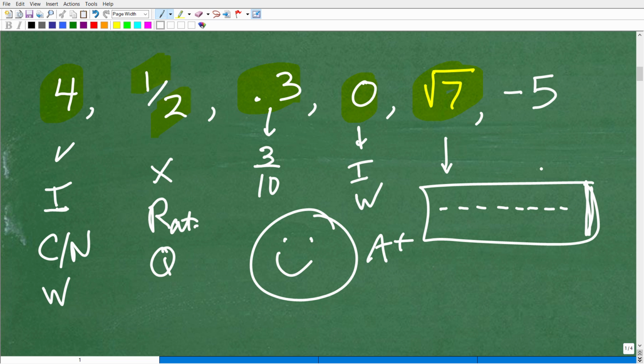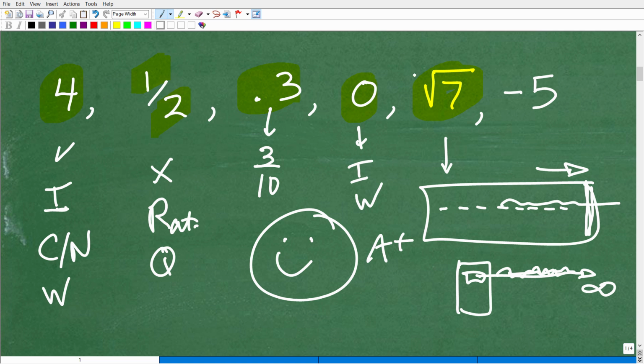But technically, what's really going on is that this decimal continues far beyond. That decimal goes on to infinity. It doesn't repeat, and it doesn't terminate. So that type of number, what we call a non-repeating, non-terminating number, is what we call an irrational number. This is rational, this is irrational.